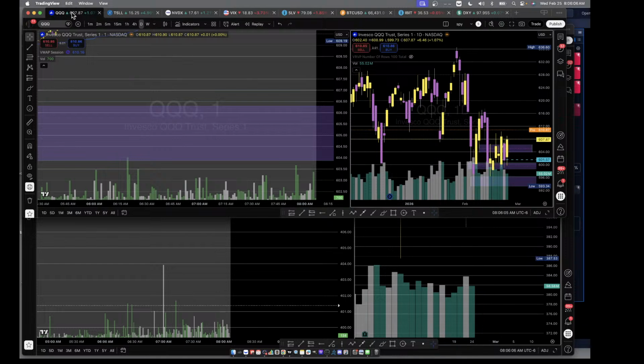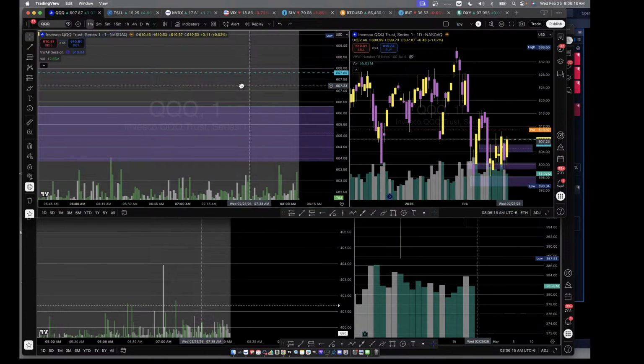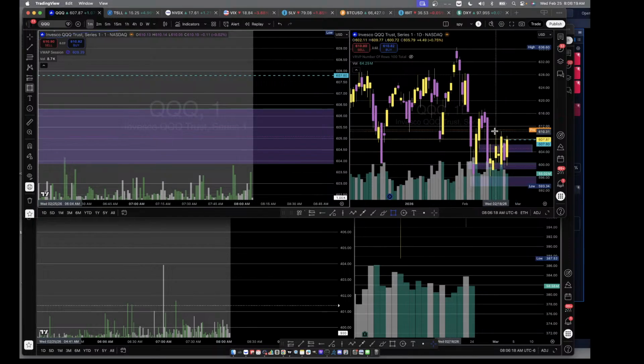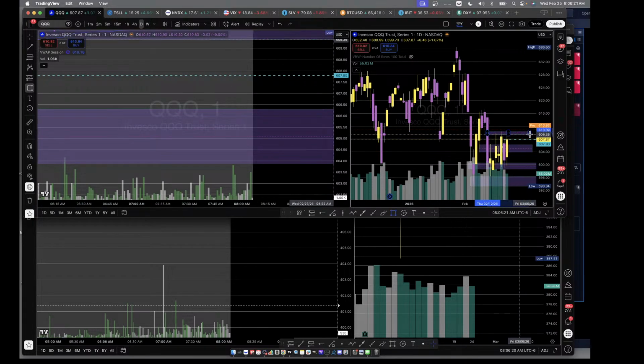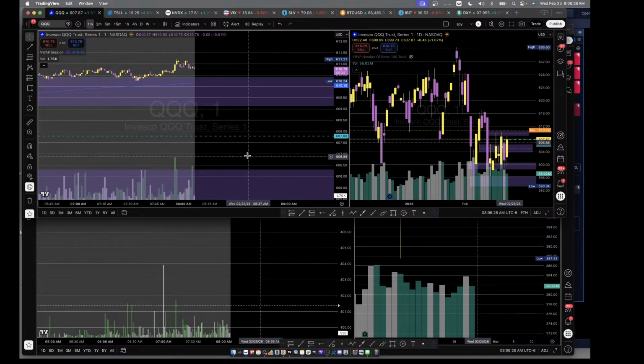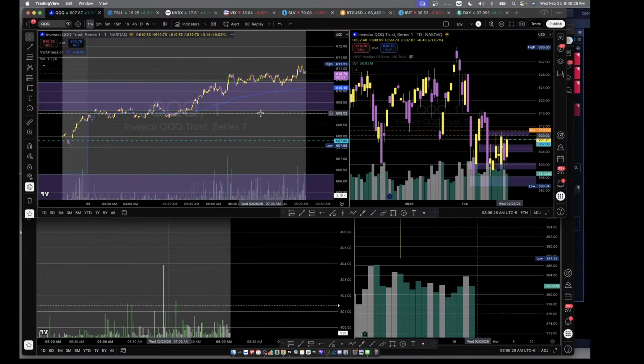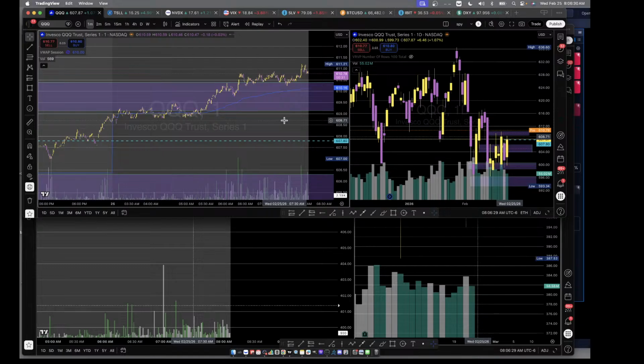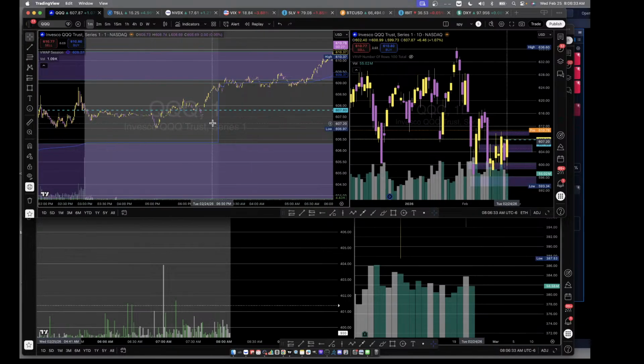Let's look at what QQQ is at. Yeah, QQQ also went up. Let's move this. The pre-market is above these wicks. That's pretty bullish. Look at the pre-market and the aftermarket of yesterday. Up, up, up, up.